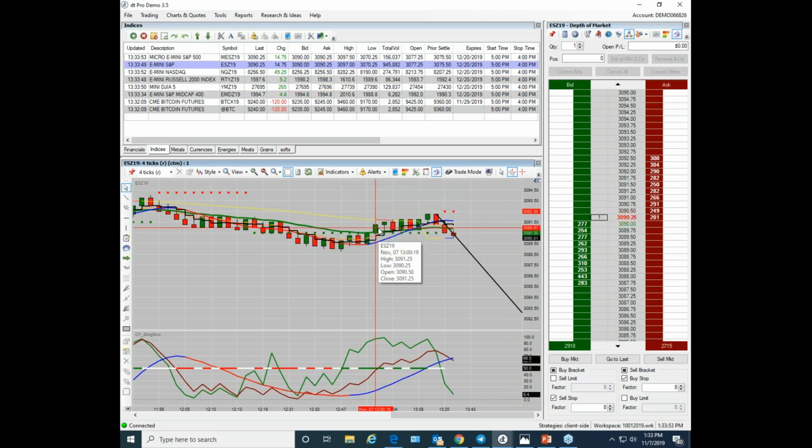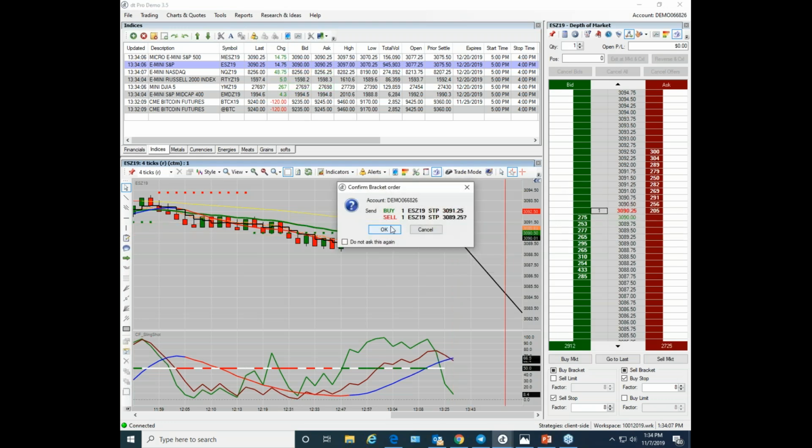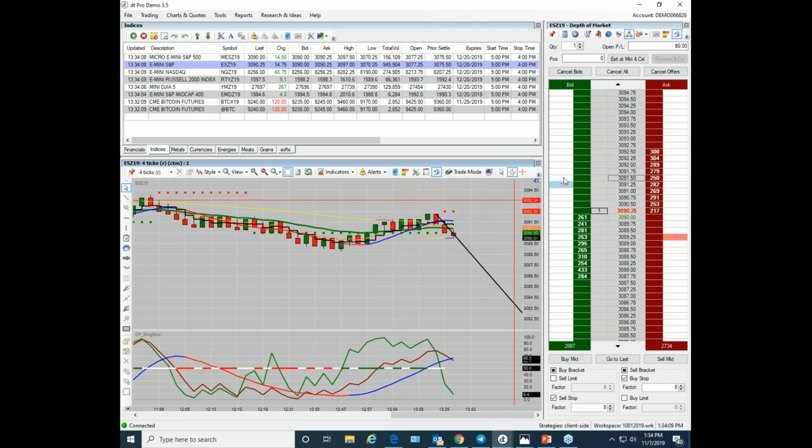Don't push any buttons, follow along. In the room, Michael's going to say the low's 30.90. Plus 4 ticks, the high would be 30.91. Add 1, and 30.91 is your order to get long. So the formula is this: add or subtract 5, and that's the price you place the order at.